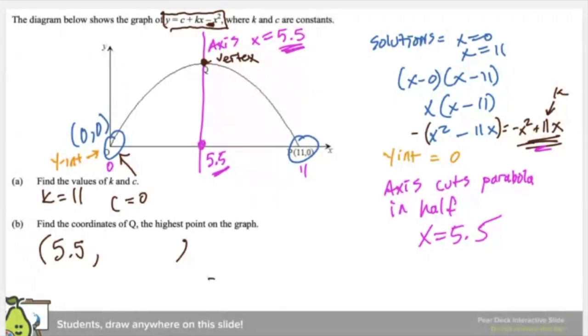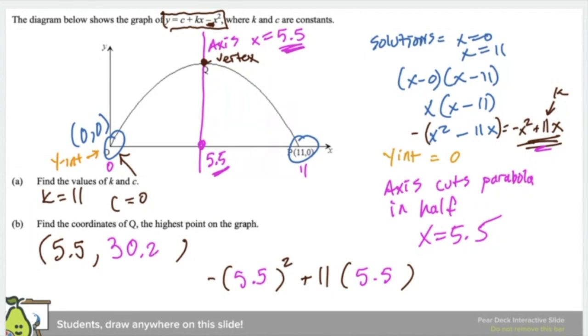So I'll do negative 5.5 squared plus 11 times 5.5, and I'll get 30.25. And that's it. Pretty simple.